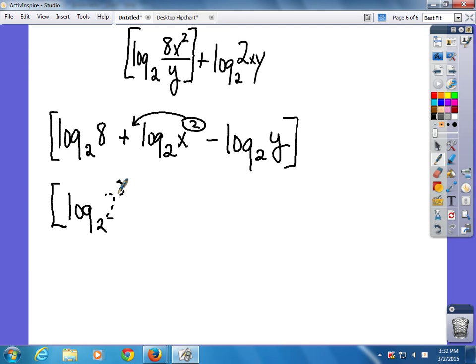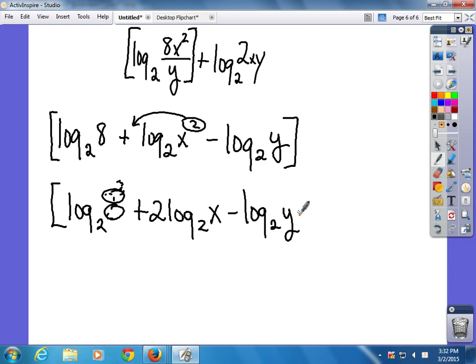Log base 2 of 8 plus 2 log base 2 of x minus log base 2 of y. And that's fully expanded this right here.